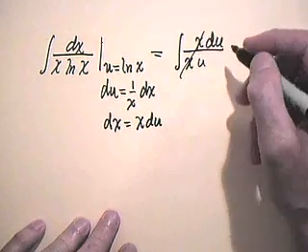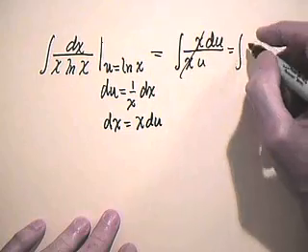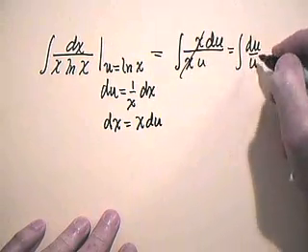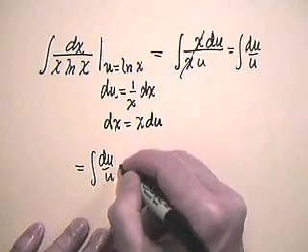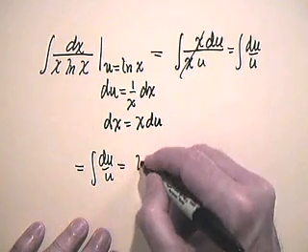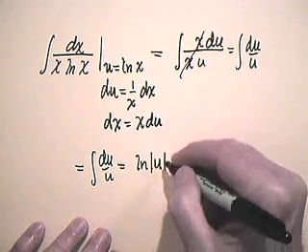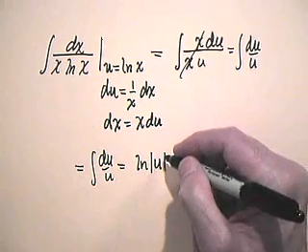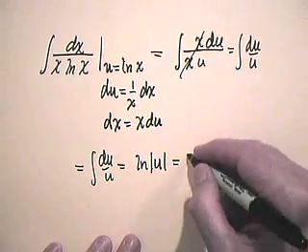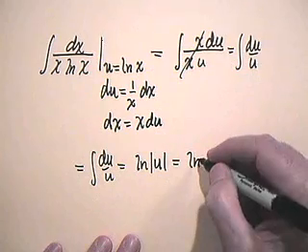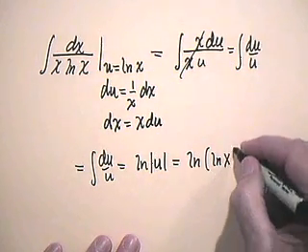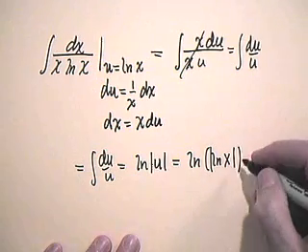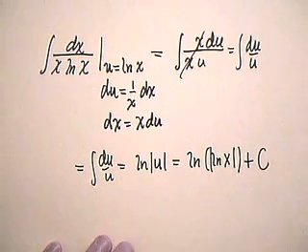Notice the x's cancel, and we have simply the integral of du over u. Well, the integral of du over u is obviously the natural logarithm of the absolute value of u. And so consequently, we end up with the natural logarithm of the natural logarithm of x. Of course, we have to put absolute values in there, plus the big capital C.